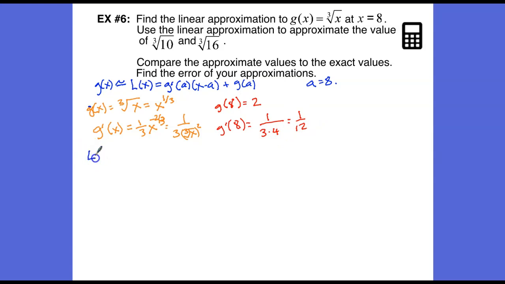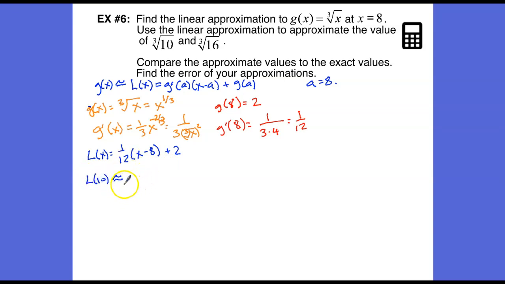So now we can just write down L of x, 1/12 times x minus 8 plus 2. And this is the function that you'll enter in for y1 in your graphing calculator. And let's go ahead and see if we can find L of 10.